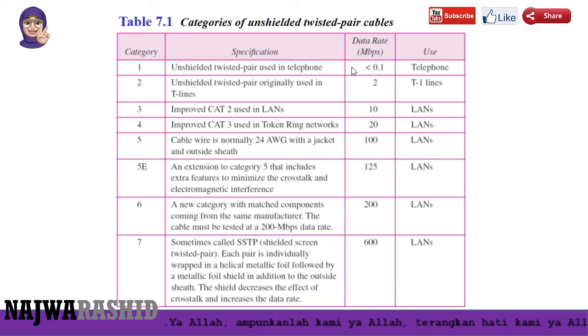The increasing number of categories here means that the data rate will also increase, because first we introduced this one, and then in the next generation we have category 2, then category 3, 4, 5E, and maybe we can have 8 and 10 later on.